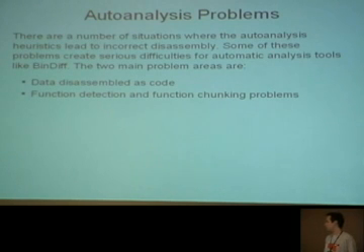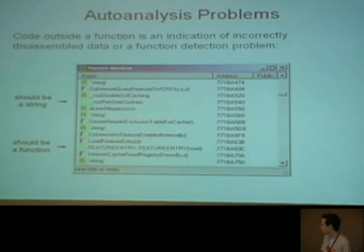The two problems I've seen are data which IDA sometimes disassembles as code, and also functions which are not detected as proper functions, or function chunks which are not detected properly. Here's a little example of what these auto analysis problems cause.